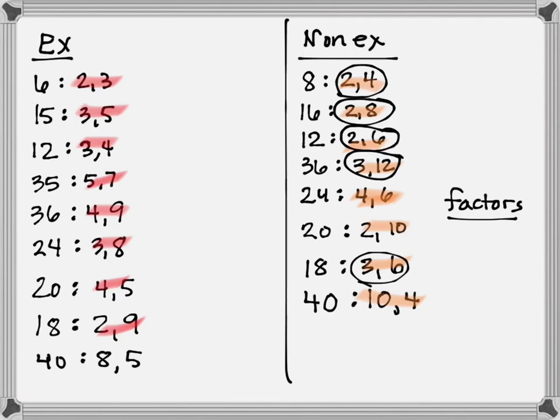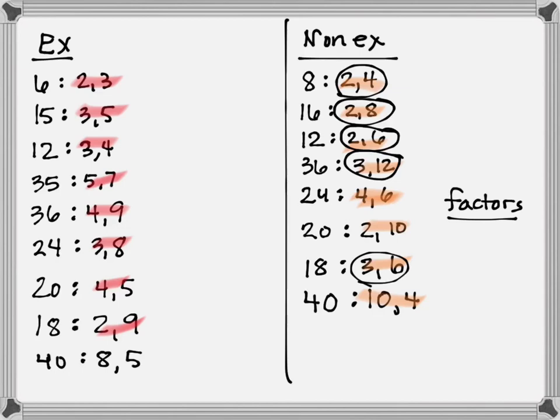But what about my numbers over here in red? Do they share any common factors except for one? Nope. None of them do. It's all about whether the numbers we break them down into have a factor in common.